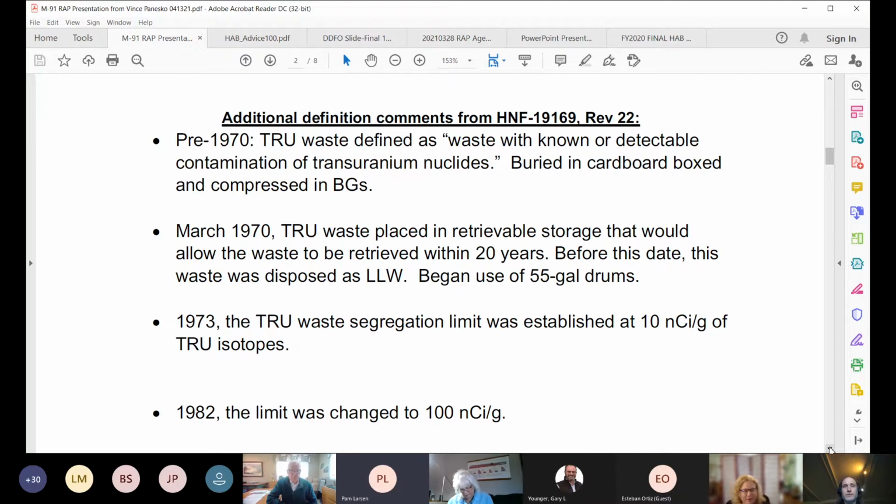Thank you. Well, I've got more stories on that, but I want to wait until afterwards, if I have time. But okay, so in March 1970, the ruling came out that you had to put the waste in containers that would be retrieved within 20 years. And so in this case, it was 55-gallon drums. So we switched from cardboard boxes to 55-gallon drums.